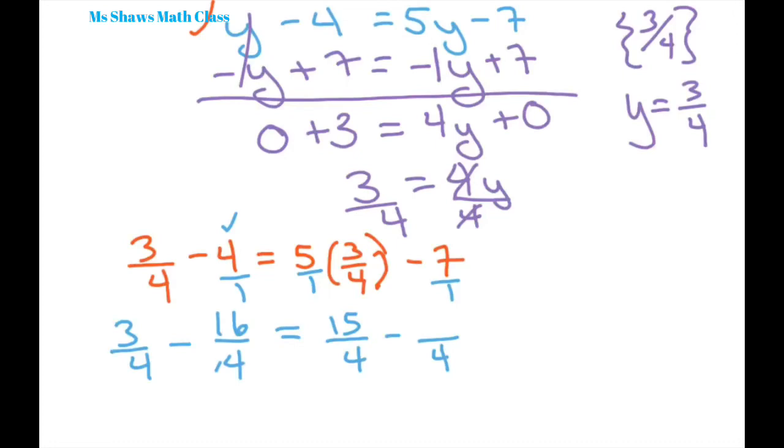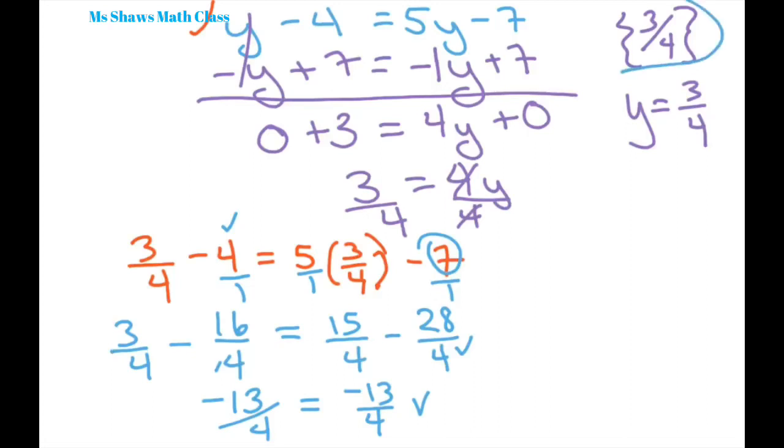So you just take 7 times 4 is 28. All right, so 3 minus 16 is negative 13, divided by 4. And 15 minus 28 is negative 13 divided by 4. So those check, and so our solution set is 3/4.